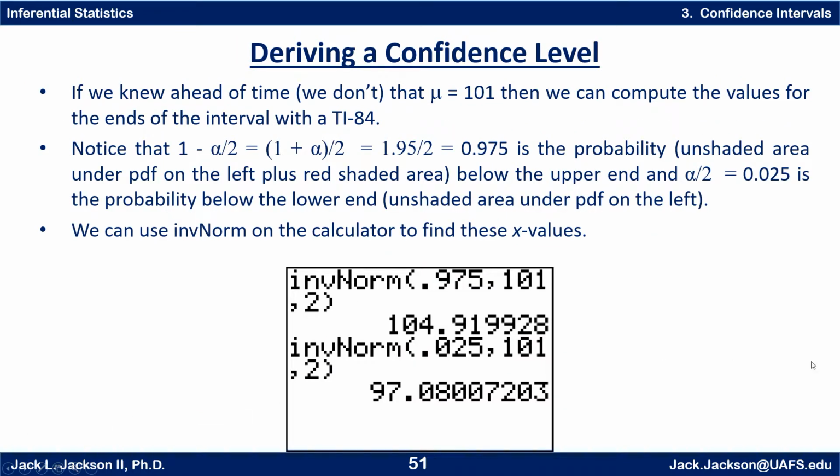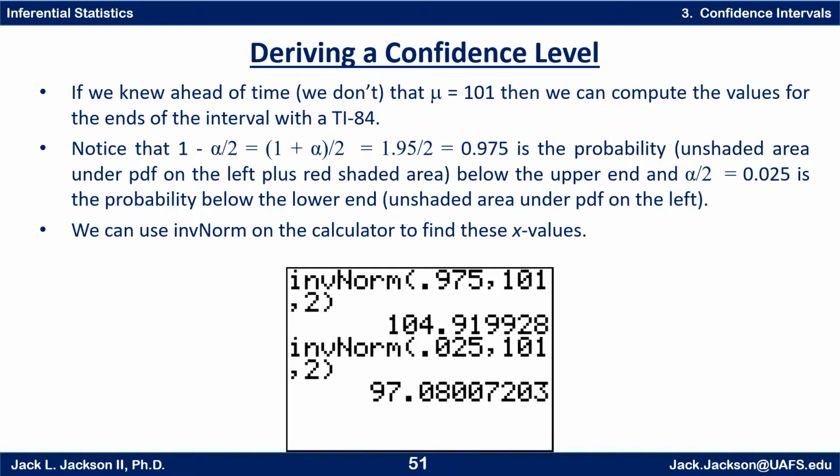So notice if we knew ahead of time, which we don't of course, that mu equals 101, then we can compute the values for the ends of the interval with a TI-84. Notice that 1 minus alpha over 2 is also 1 plus the confidence level, divided by 2, which is 1.95 divided by 2, or 0.975.